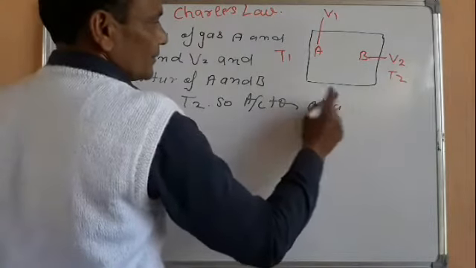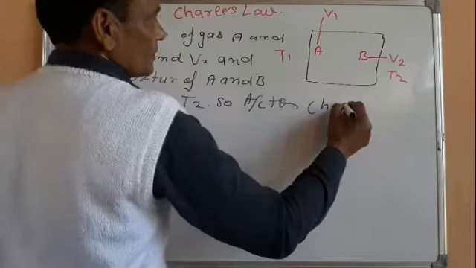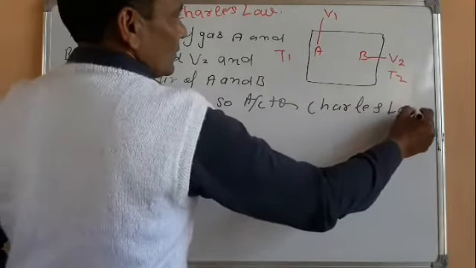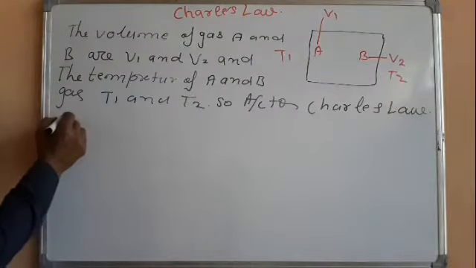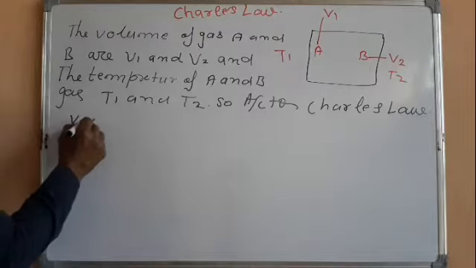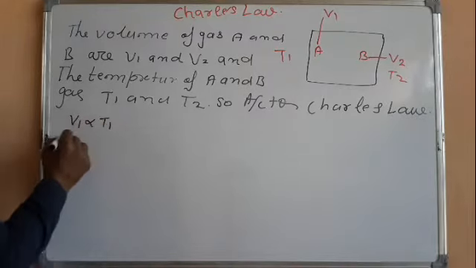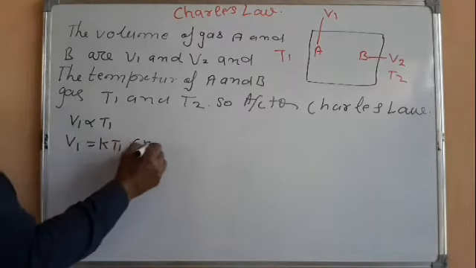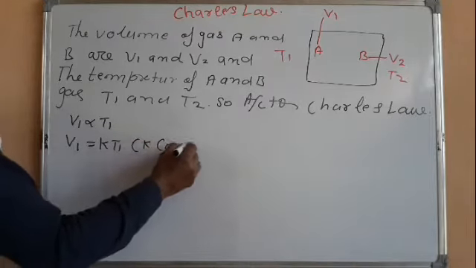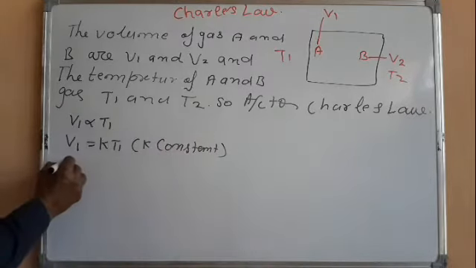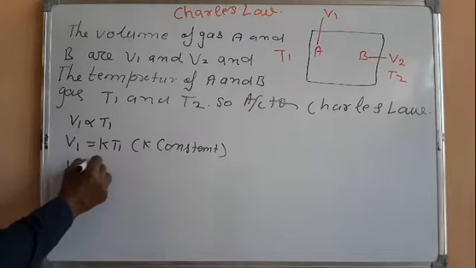So according to Charles law, firstly, for first gas V1 proportional to T1, V1 is equal to K T1. K is a constant, and K is equal to V1 upon T1.